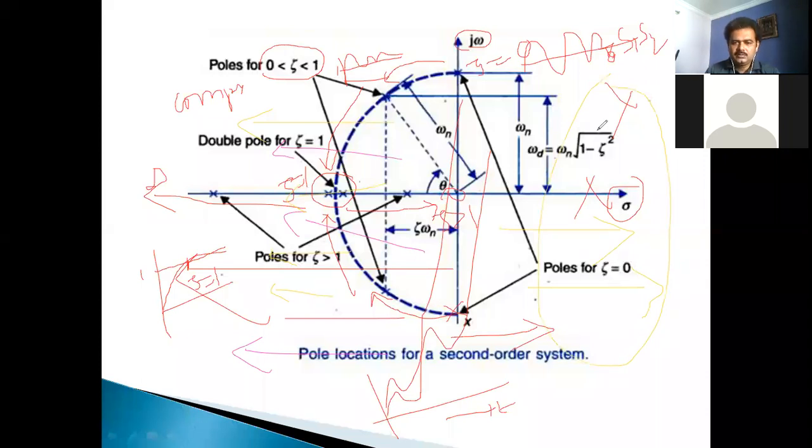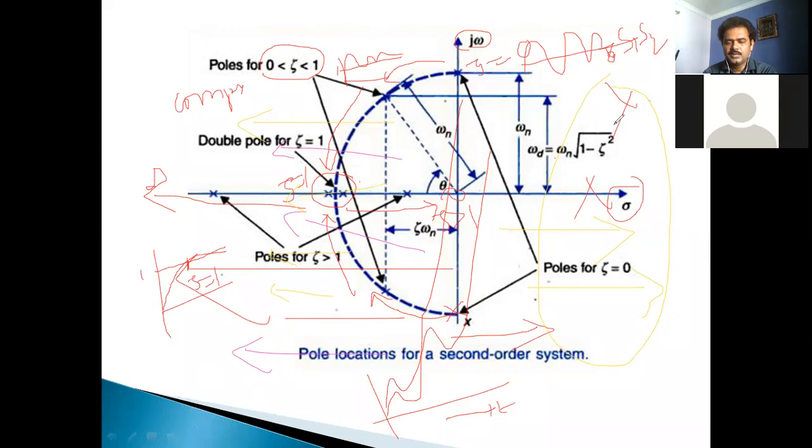Simply, our entire control systems depends mainly upon the location of the roots. How do you get the roots? Just take the roots of the characteristic equation, the denominator of a closed loop transfer function. The location of the roots directly gives whether the system is stable or unstable.